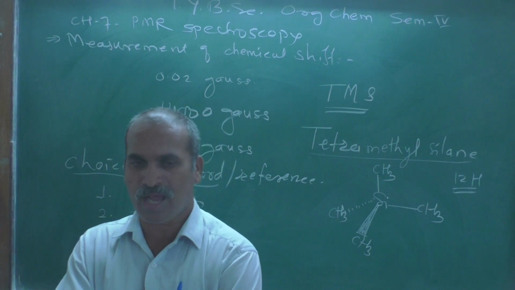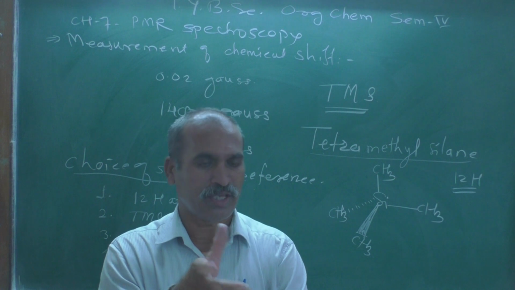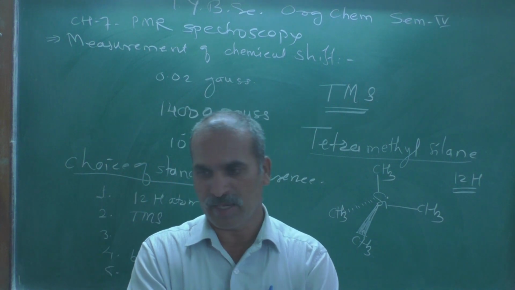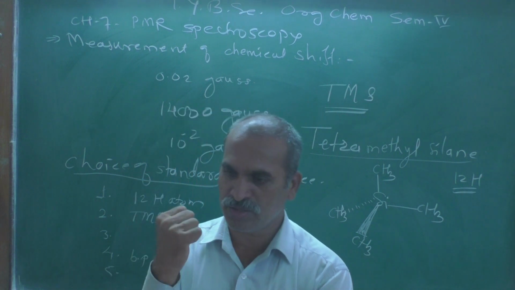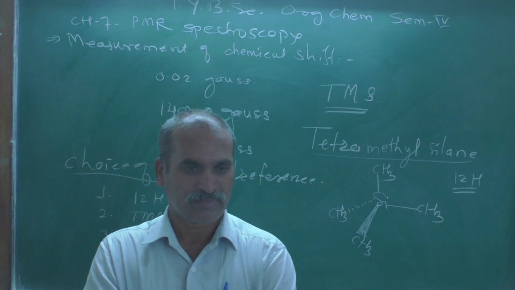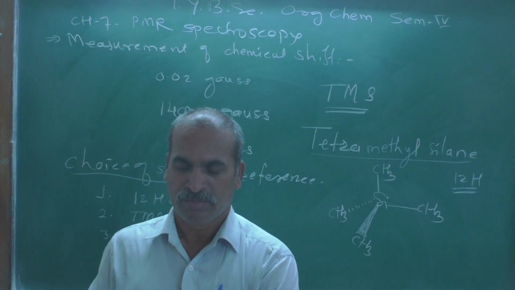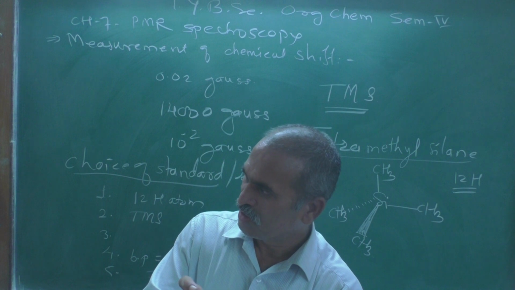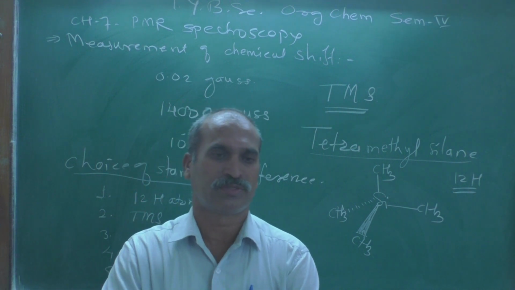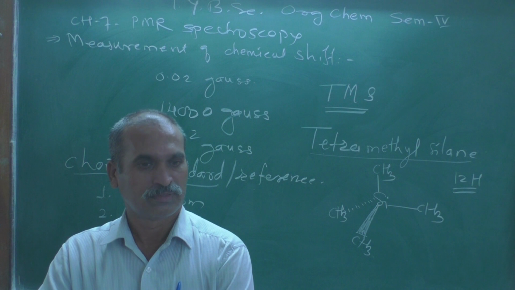Generally, whatever machines are available today, they fix the frequency, maybe as 60 megahertz, 100 megahertz, 200 megahertz, 300 megahertz, 500 megahertz, 600 megahertz, 700 megahertz, and go on changing the magnetic field, because the magnetic field is easy to adjust and gives a good result compared to the frequency.